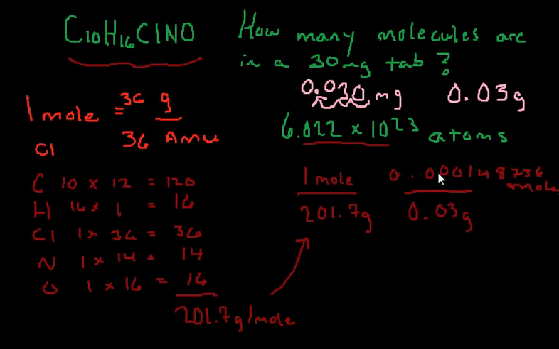So if we take this many moles times that number, so let's take our number times 6.022 times 10 to the 23rd power, we end up with, and I'm going to round off here, 8.96 times 10 to the 19th power molecules.